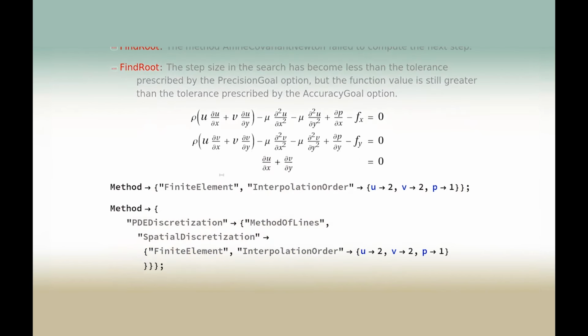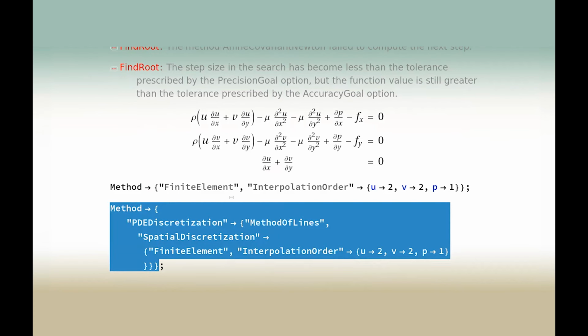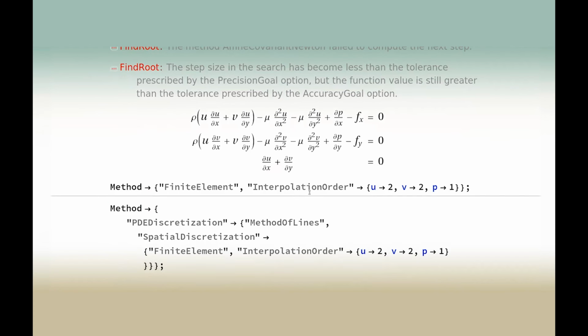So what you need to do is specify these types of parameters here. This is for the stationary problem, and this is for a time-dependent problem, so that you have both cases listed here. In finite element speak, this is a Taylor-Hood element.